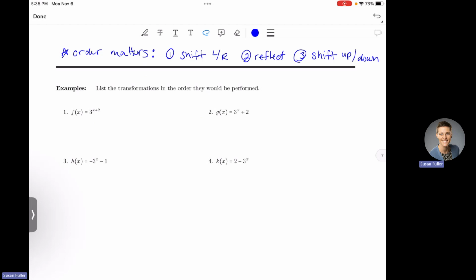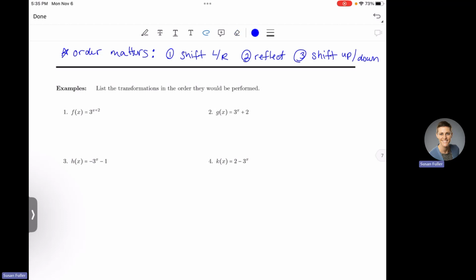This is a 3 to the x. I know I've got a plus 2 up there with x, and that's going to give us a transformation, but I've got 3 to my variable x in each of these. Notice that the base of all of these is 3.